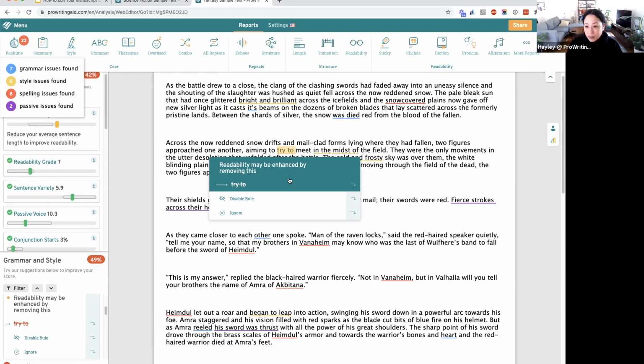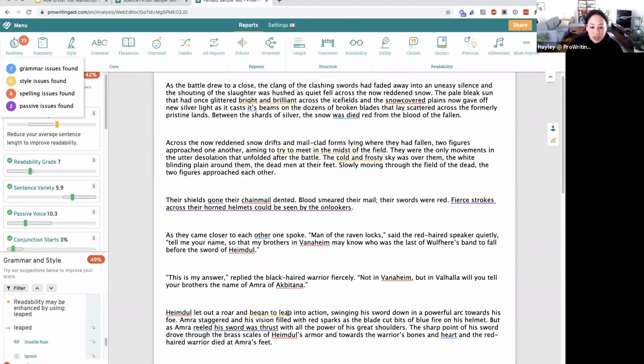And I know a lot of people in the chat were saying that they add extra words like that. Same thing here. "Began to leap into action." You can just say "leaped into action." All of these small suggestions will help improve the readability of your document by making your sentences less clunky. So that's one way we can help.